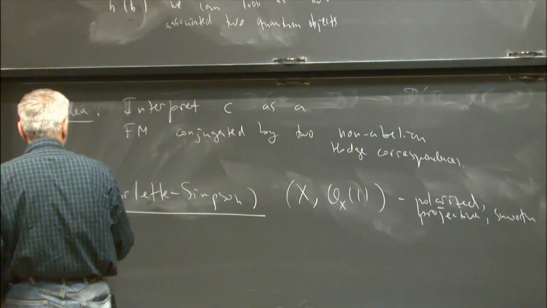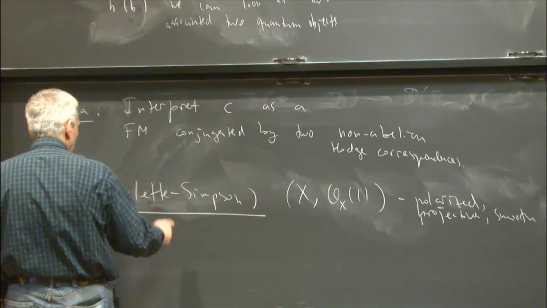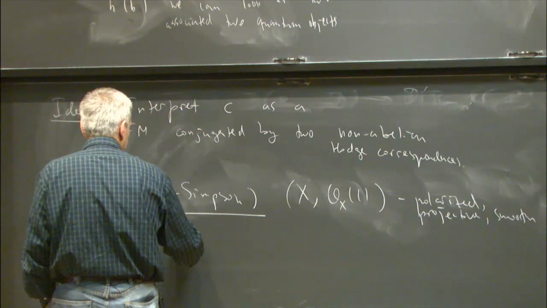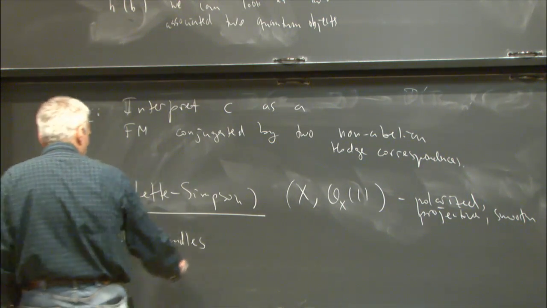I'm going to say rank n flat bundles. It's really an equivalence of categories for all ranks with the tensor structure and the Deligne structure, but I'm not going to go into that.